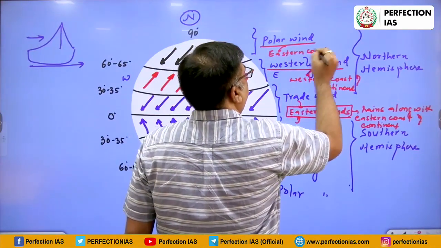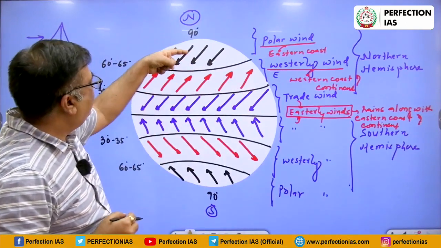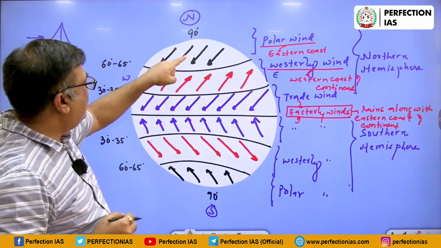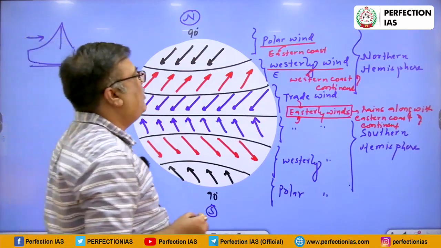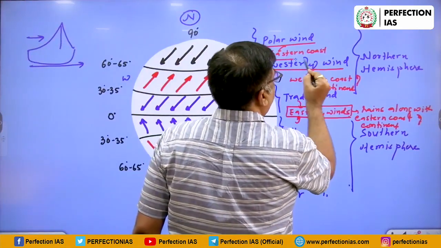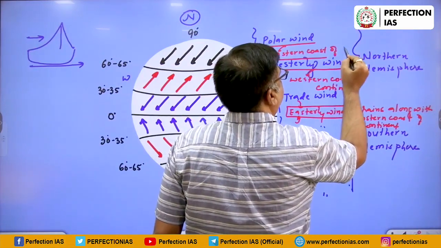Because you can see the direction of this one and this one is the same, black and blue is same, so that will also cause rain along with the eastern coast of the continent.